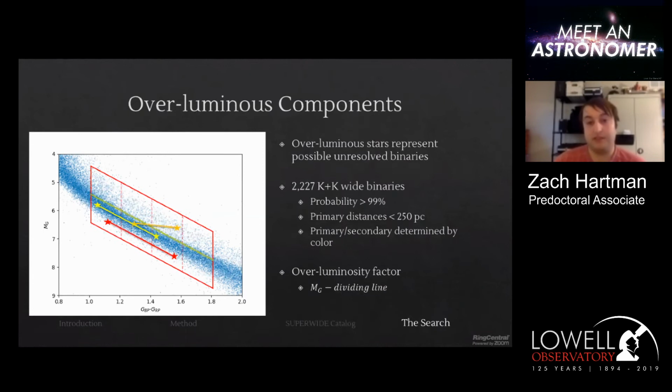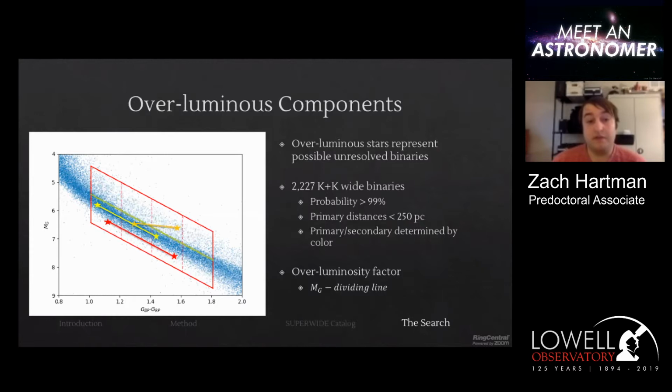Another possible reason, the one that we're hoping for, is that most of these overluminous stars represent possible unresolved binaries. Gaia, being as great as it is, still can't resolve every star on the sky. If you have a close binary, Gaia may not be able to resolve it, but you would get more light into the camera from having 2 stars there instead of 1.